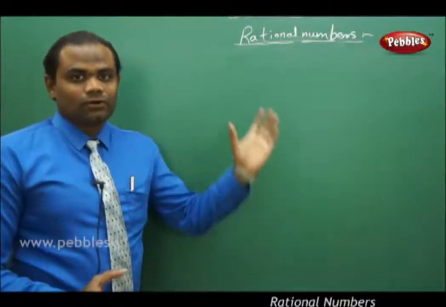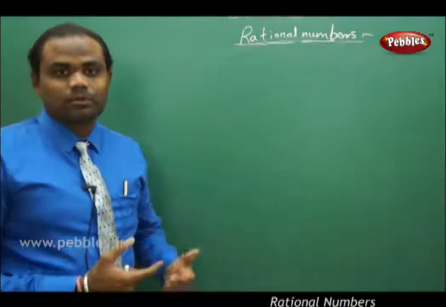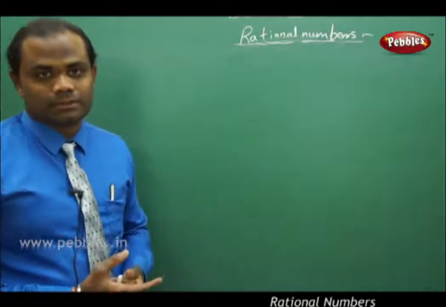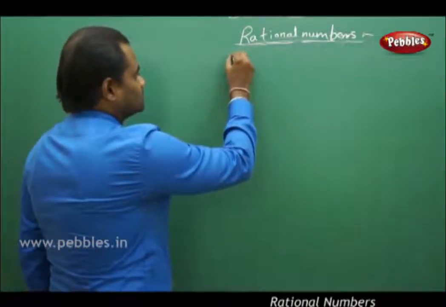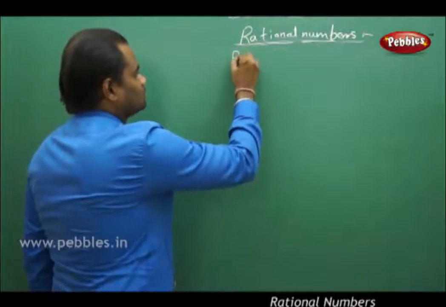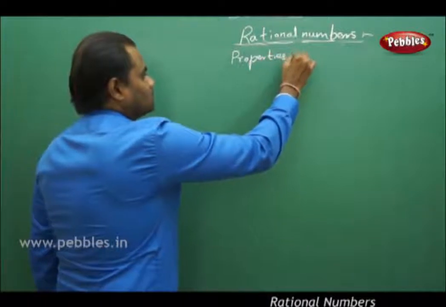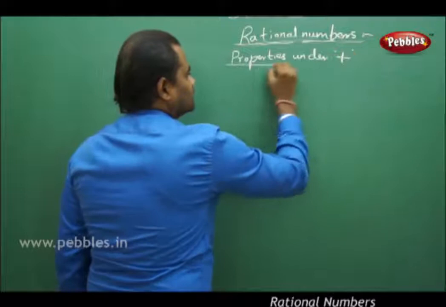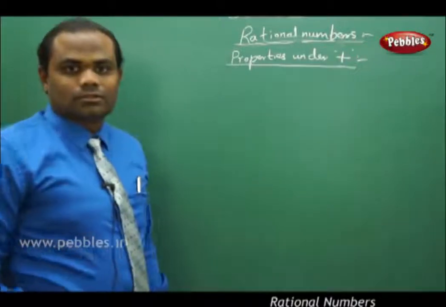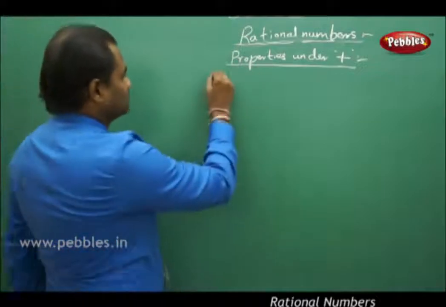In this session, we are going to discuss exclusively rational numbers and the various properties involved in them. The first property I identify is under addition, plus. The first and foremost property under addition is the closure property.